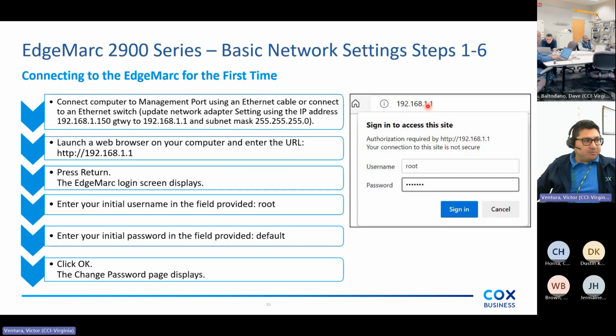So when you grab an edge mark for the first time and you need to configure it, we recommend changing the network settings on the computer to 192.168.1.50. That's the IP address. The gateway is 192.168.1.1, and the mask is 255.255.255.0. Then you open a web browser and enter the gateway IP.